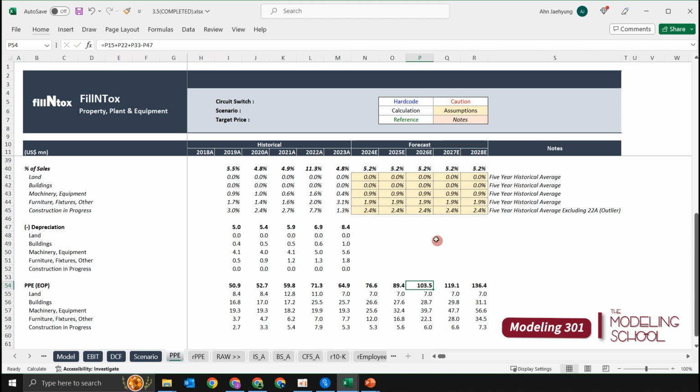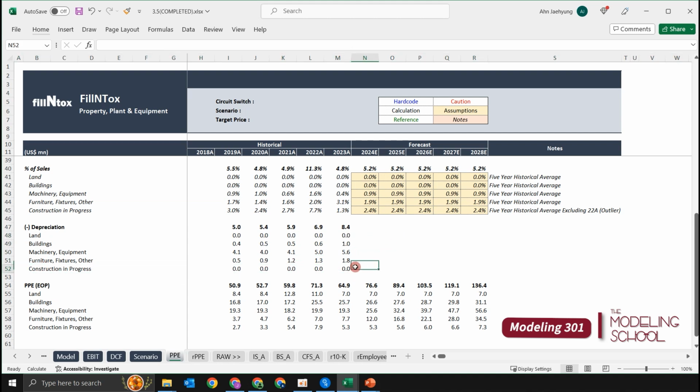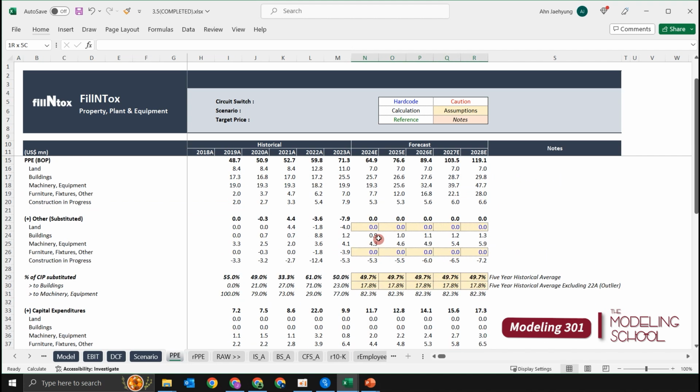So back to depreciation. First of all, for land and construction in progress, as I mentioned before, these two line items, we don't do depreciation. So these two line items are going to be all marked to 0. So let's finish these first.